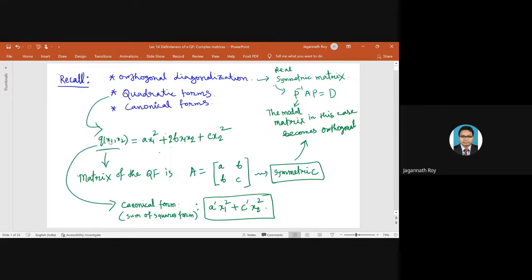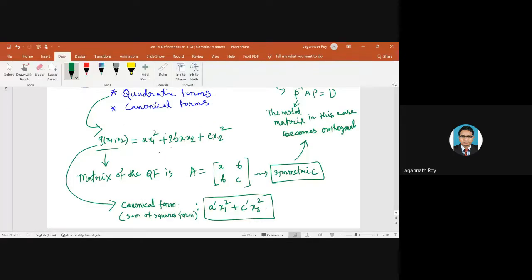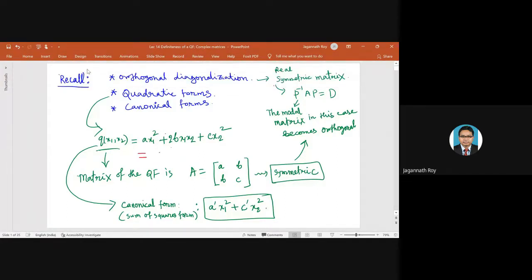If you go back and check, this quadratic form can also be written as X transpose AX. That is why many textbooks will refer to X transpose AX as a quadratic form, where A is this matrix and X will be x1 and x2.